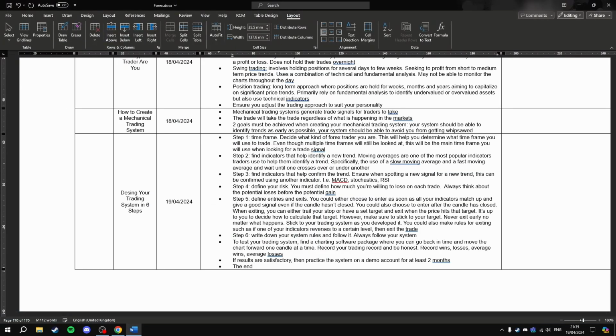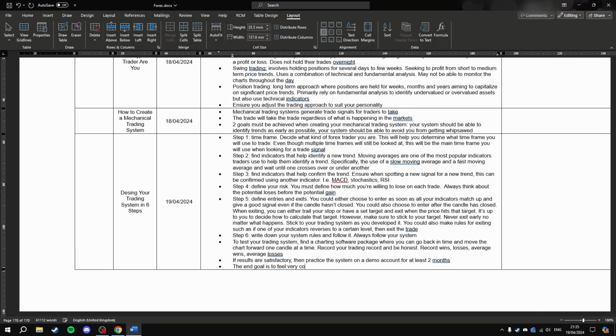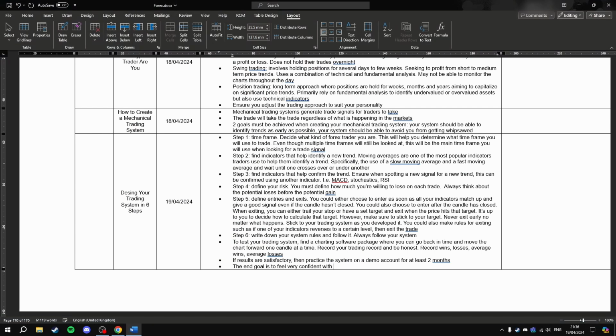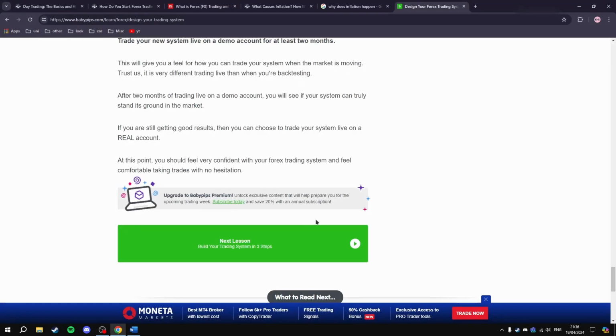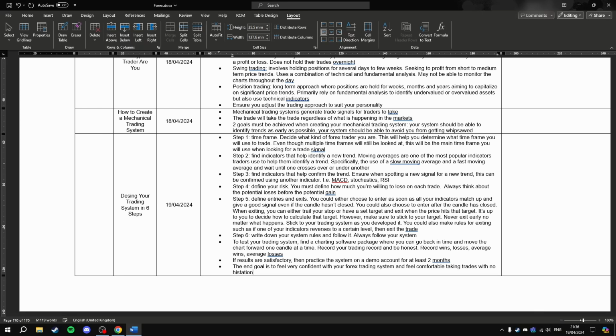The end goal is to feel very confident with your Forex trading system and feel comfortable taking trades with no hesitation.